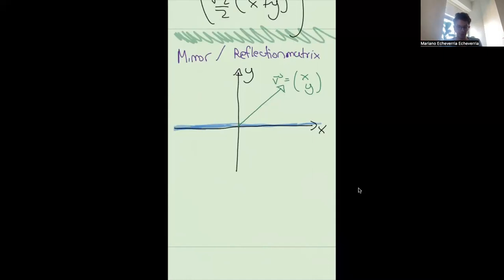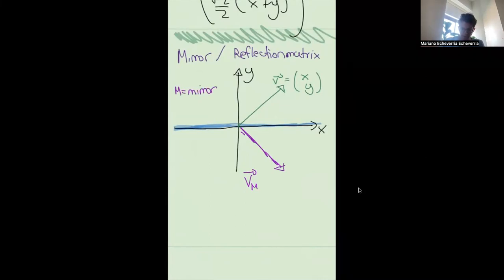So the reflection, let's put it here. And again, I'll call this M, M for mirror.